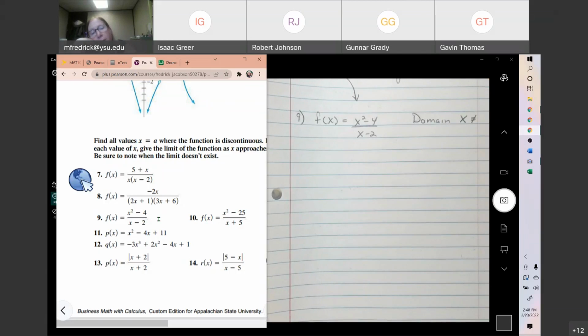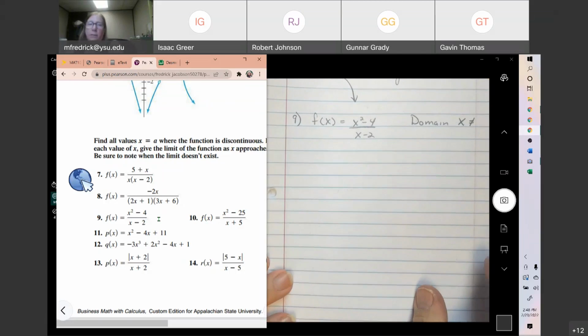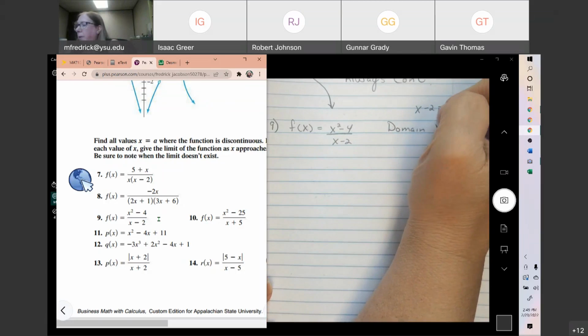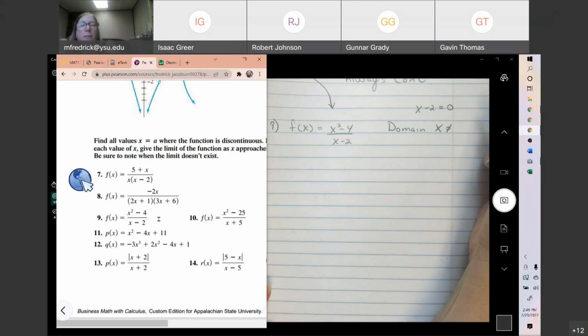So to find the domain, we take the denominator, x minus 2, set it equal to 0, and solve.